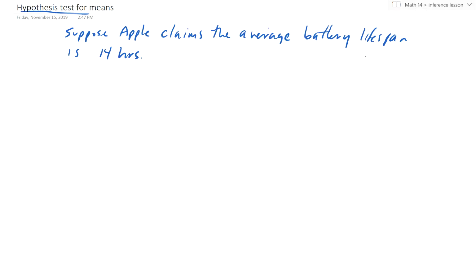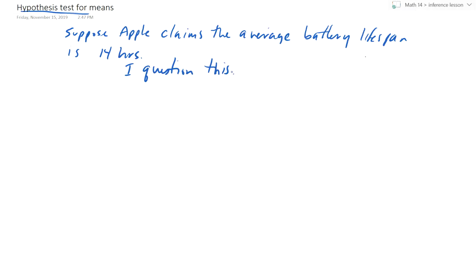Suppose Apple claims the average battery lifespan for their phones is 14 hours. Based on my own experience, I don't think that's true. I question this. So the question is, if I question it, how do I determine? Do I just take one phone?